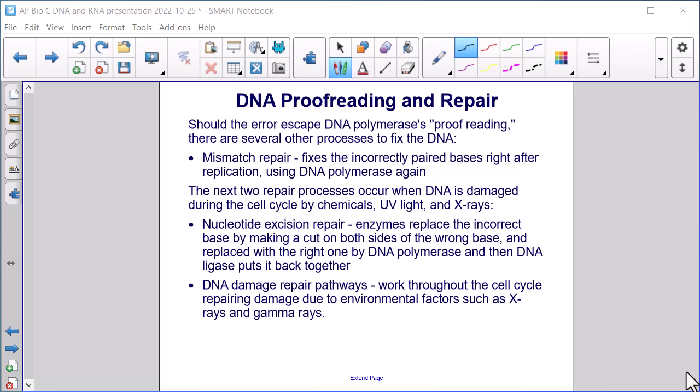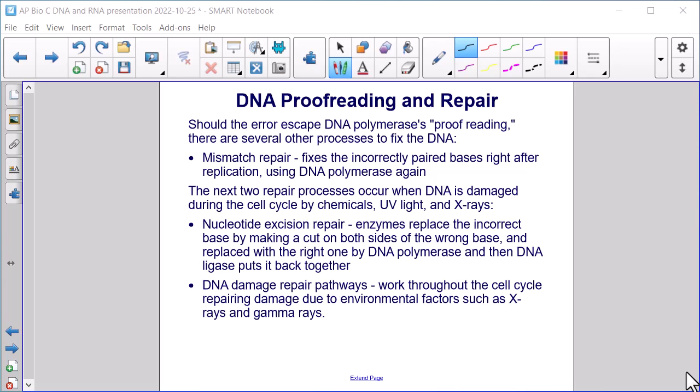Should the error escape DNA polymerase's proofreading, there are several other processes to fix the DNA. Mismatch repair fixes the incorrectly paired bases right after replication using DNA polymerase again. The next two repair processes occur when DNA is damaged during the cell cycle by chemicals, UV light, and X-rays.